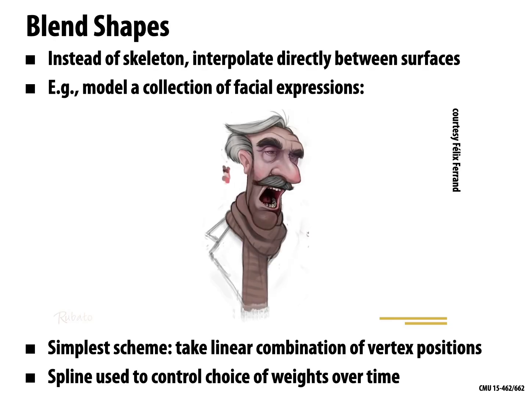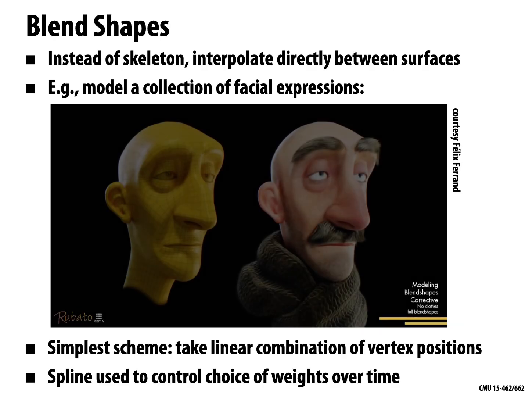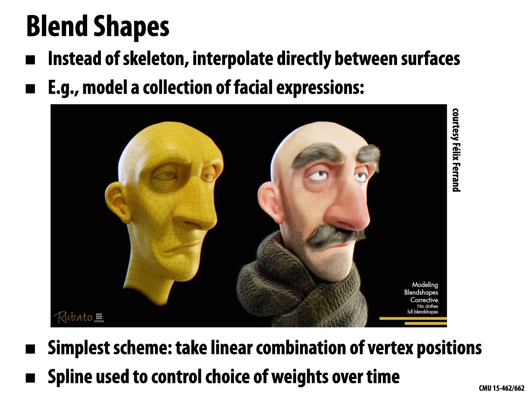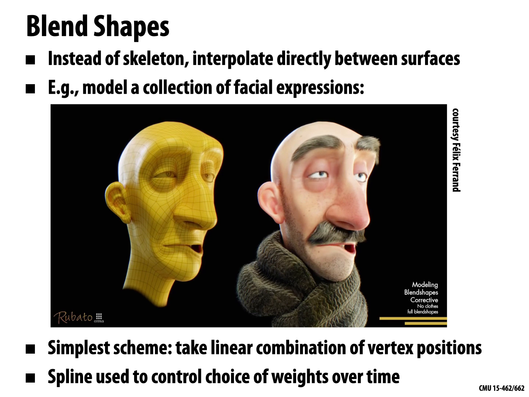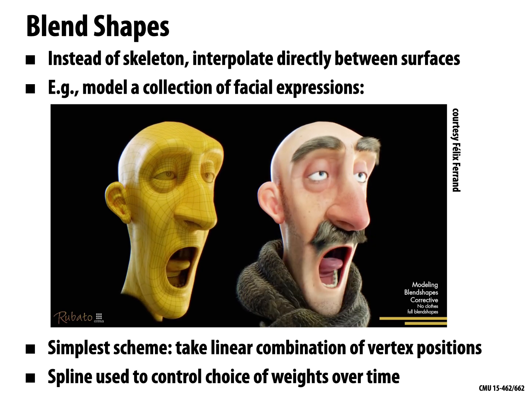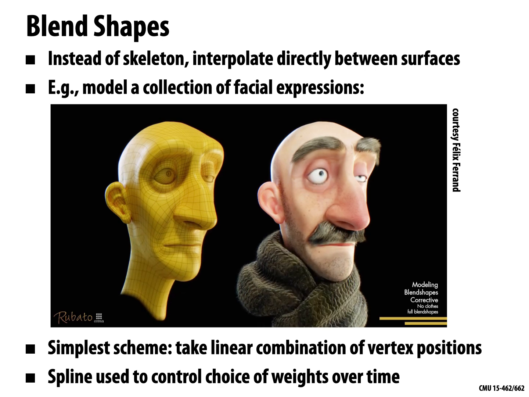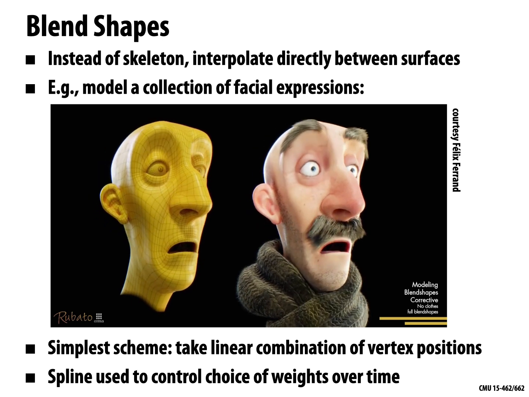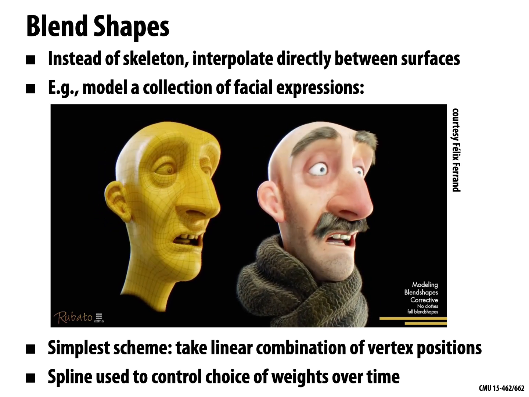Another nice technique is what are called blend shapes. So somebody who's doing 3D modeling can go in and model some basic poses, let's say of the face, happy, sad, sleepy, awake, and again take linear combinations of the vertex positions in those meshes to get an animation. Where do the splines come in?